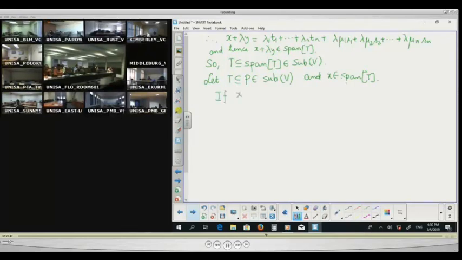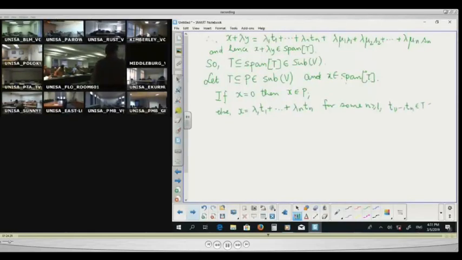Otherwise, T1, T2, ..., Tn are members of T and hence members of P, right?